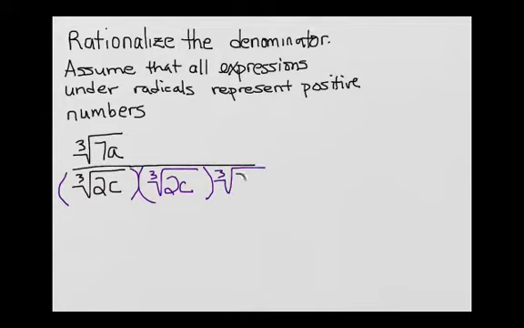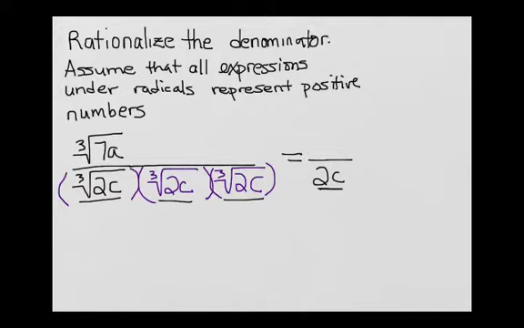And we'll add in the last one here. So now we have 3 factors of the cube root of 2c. So when we multiply all of those together, what we'll get in our denominator is 2c, because this represents the number that when I multiply it by itself 3 times, which I've done there, will give us 2c.